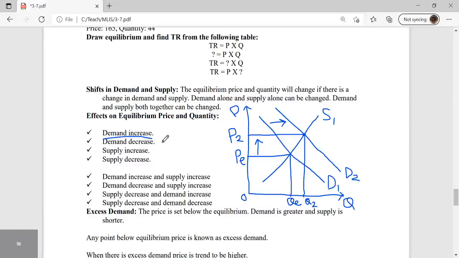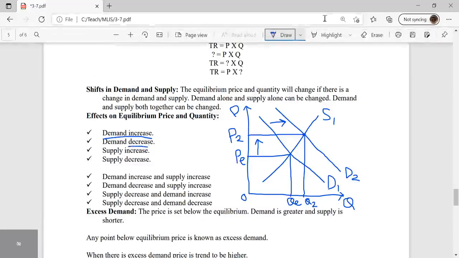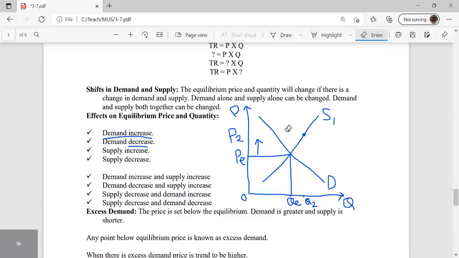Now let's discuss a case where demand decreases. Whenever a question like this comes, just draw the equilibrium first.